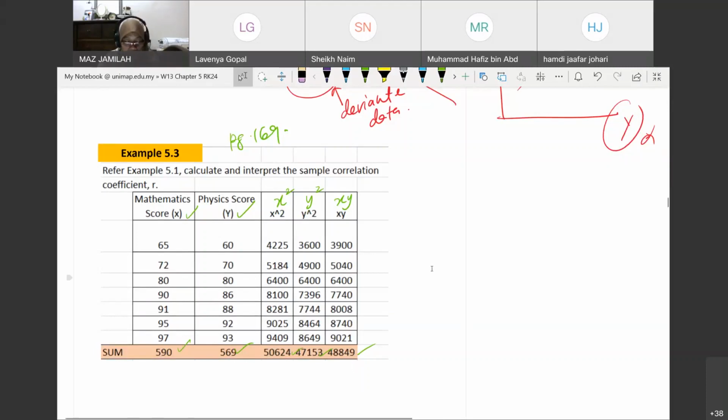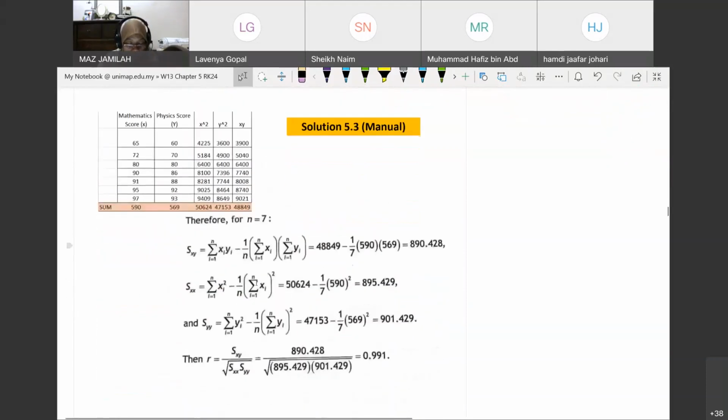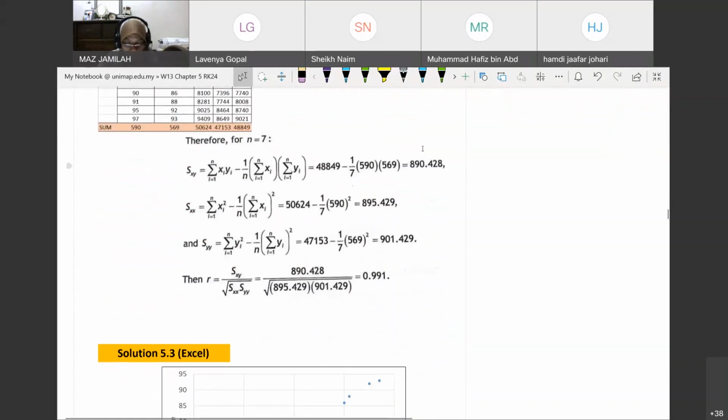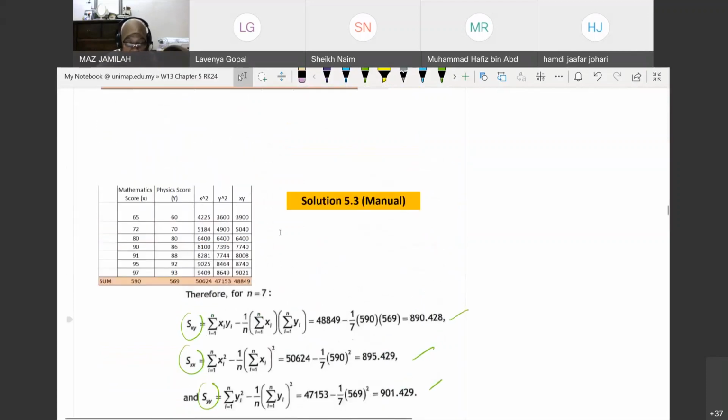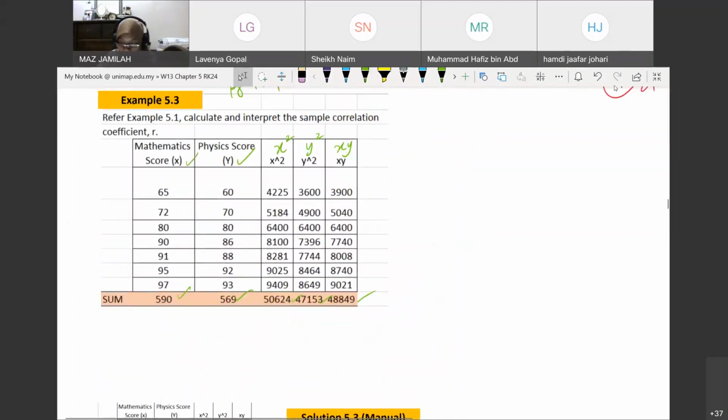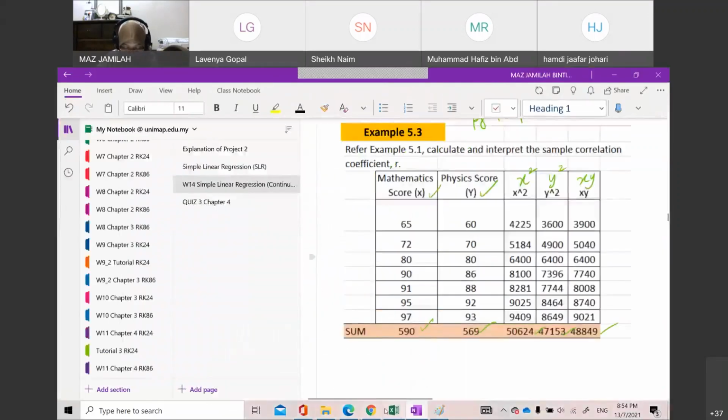And then you are going to put into your formula to find your SXY, SXX, SYY. And then once you got your data, you are going to put it into your calculation of R. Now let us see how Excel does this. Very simple. Okay, so let's move to Excel.